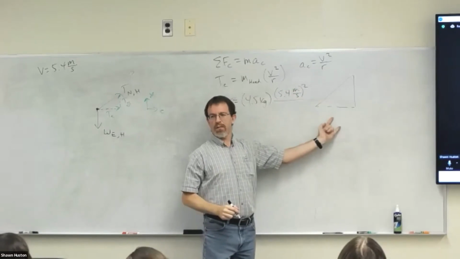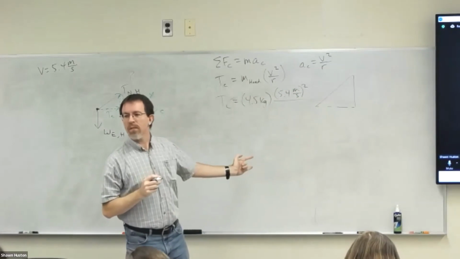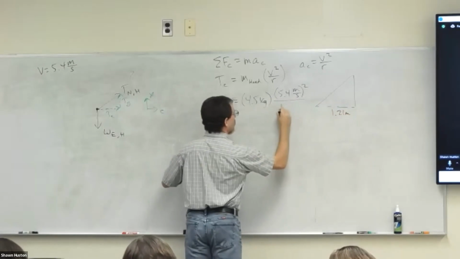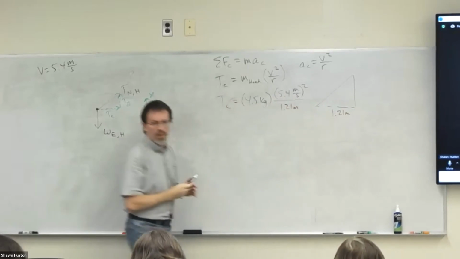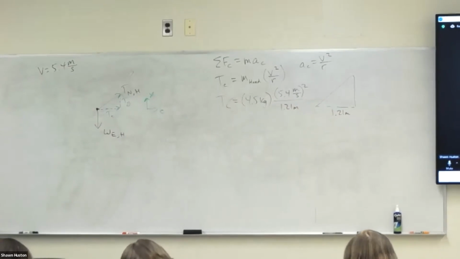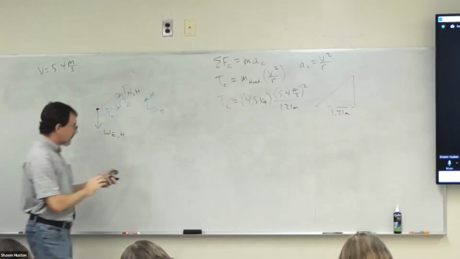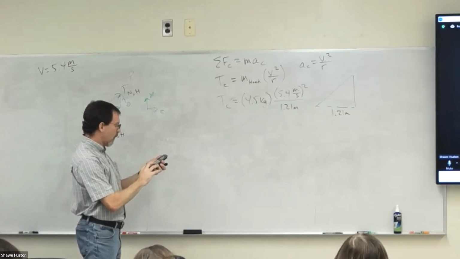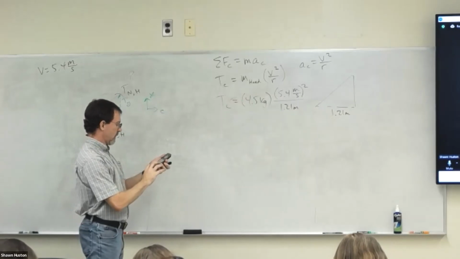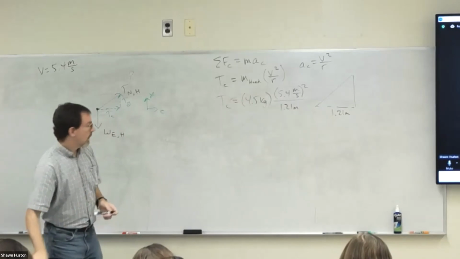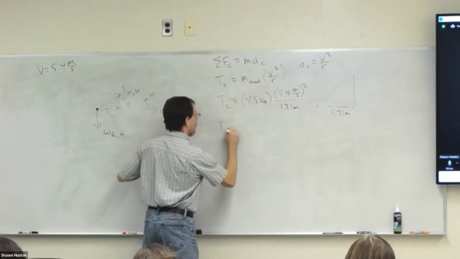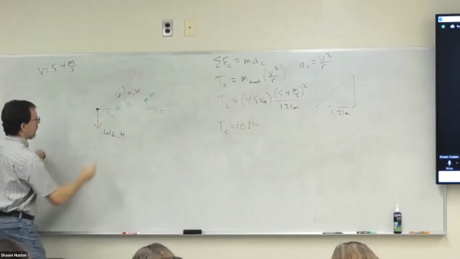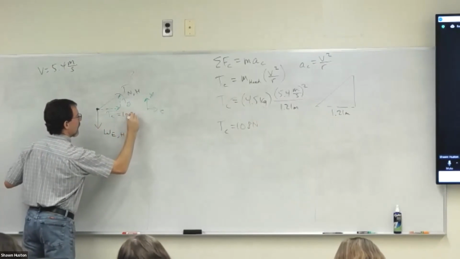What was it? Yeah, this was 1.21 meters. Thank you. So from this, we can figure out the size of the C component of that tension force. This looks like 108 newtons.